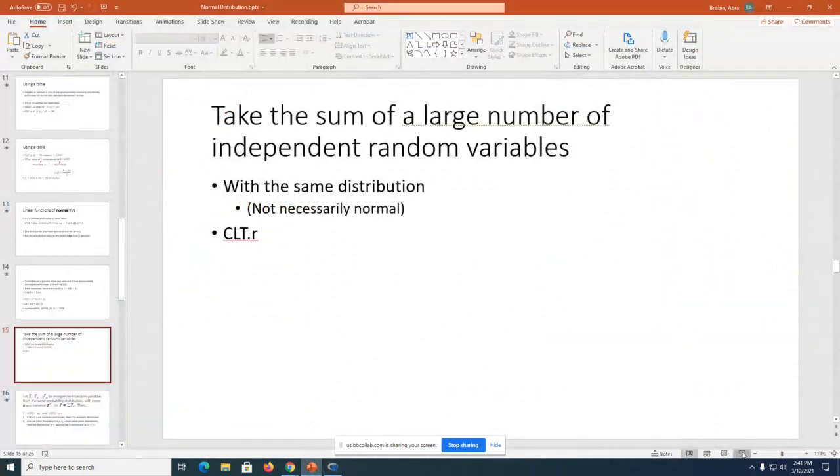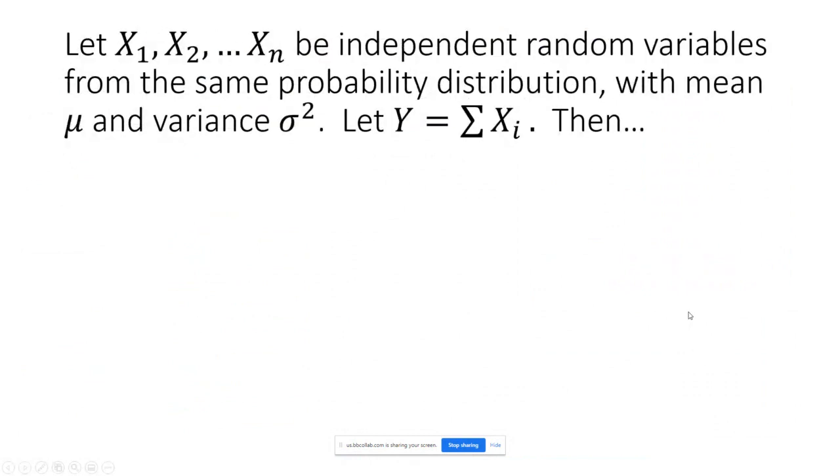And this leads us into an important property about the sum of random variables. So we're going to have 3 properties here. We're letting x1, x2, up through xn be independent random variables from the same probability distribution. We don't know what distribution, just that it's all the same, that has mean mu and variance sigma squared.